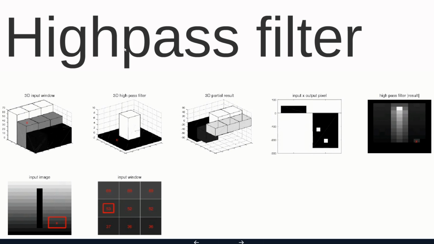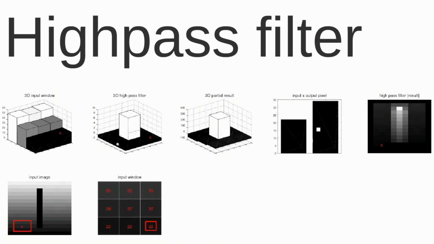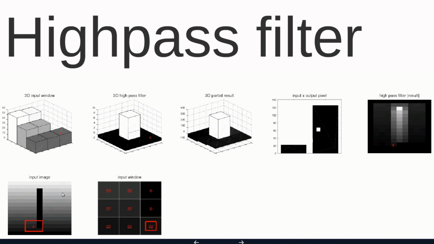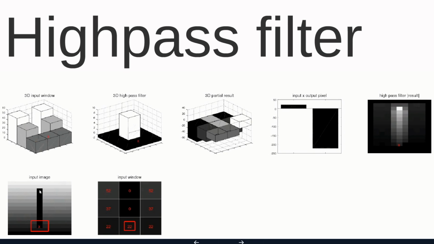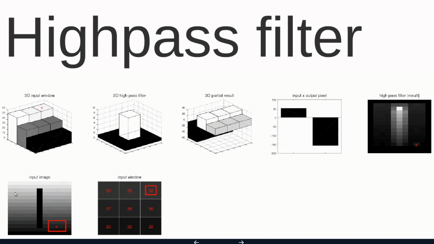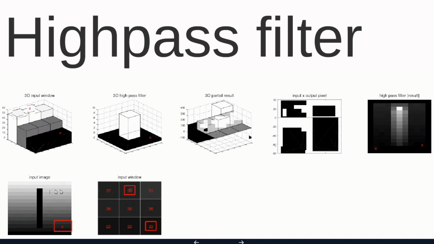So a high-pass filter is a configuration of weights that aims to highlight the high frequencies. In this example image, where do we have a high frequency? We have it in this line, because we have a subtle change between the line and its surroundings.